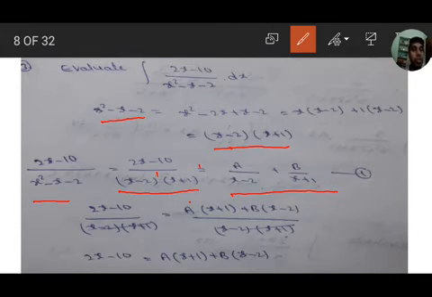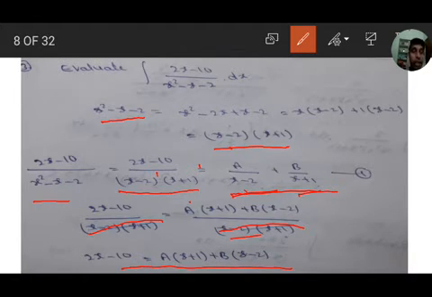So the LCM is (x minus 2) into (x plus 1): A into (x plus 1) plus B into (x minus 2). The denominator cancels out, and we get 2x minus 10 equal to A into (x plus 1) plus B into (x minus 2).